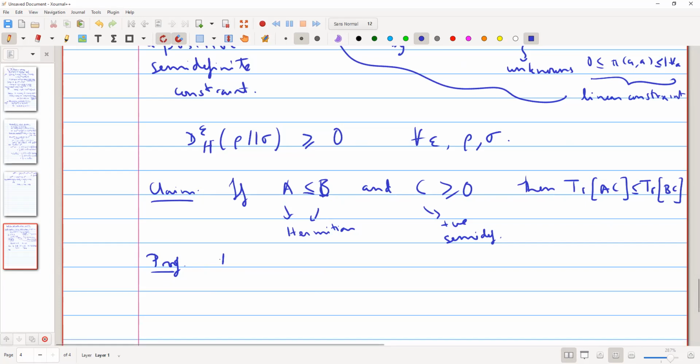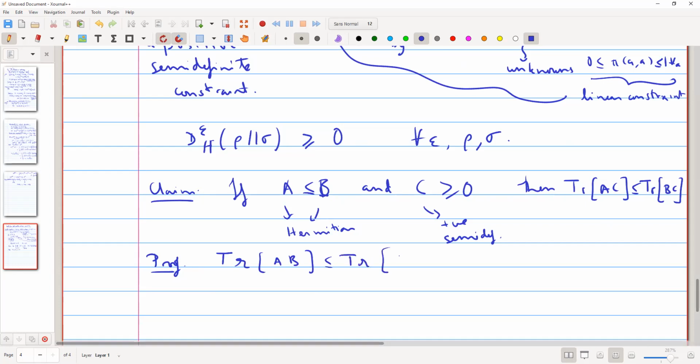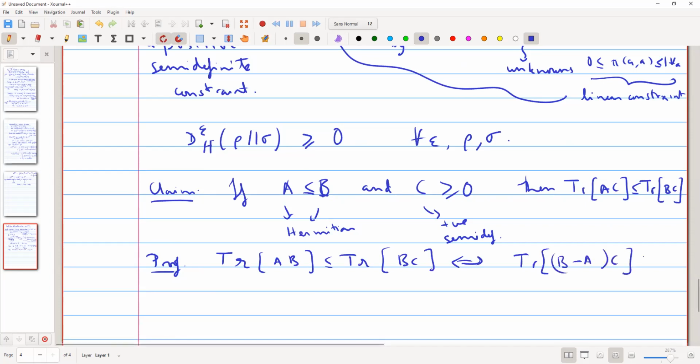So what I want to show is this. By linearity of trace, this is equivalent to showing the trace of (B minus A) times C is greater than or equal to 0.